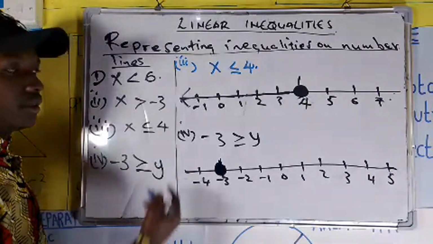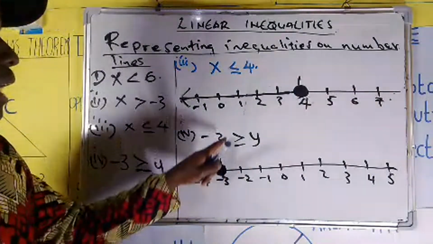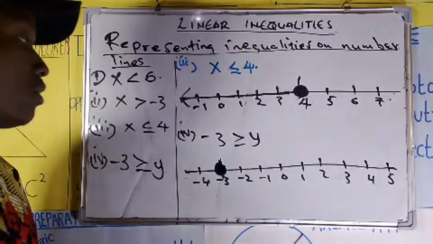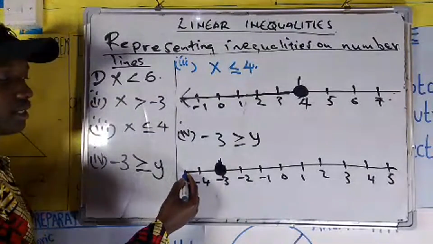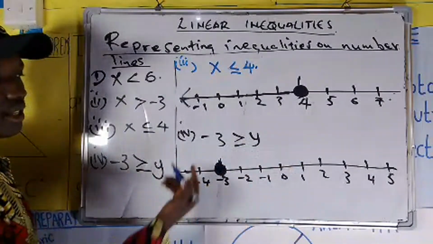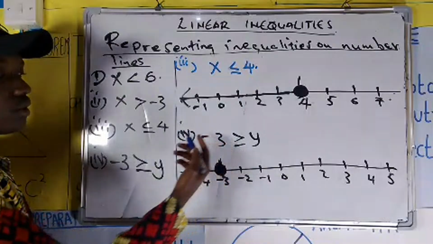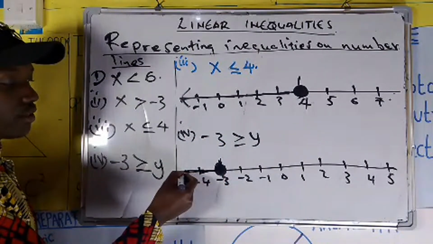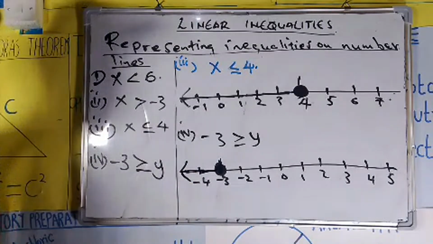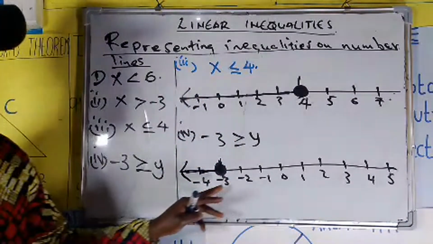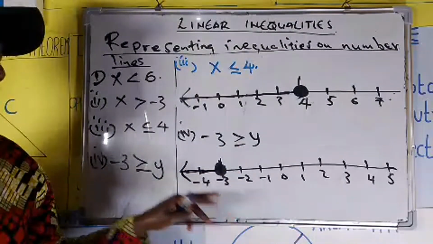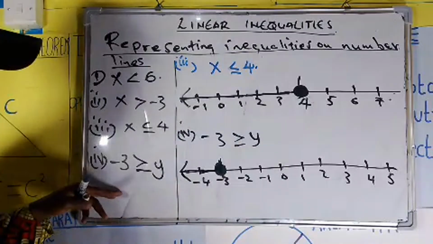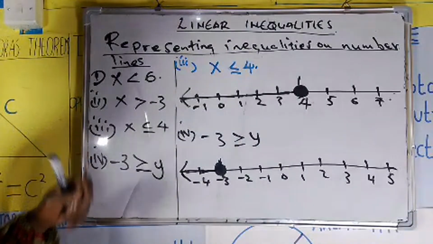Having said negative 3 is greater than or equal to y, it means it is bigger. So y should be going in this direction, because negative 3 is the greatest. So all the others can be negative 4, negative 5, negative 6, negative 7, negative 8, negative 9, negative 10 and so on.